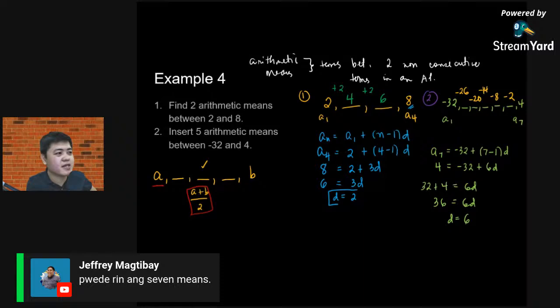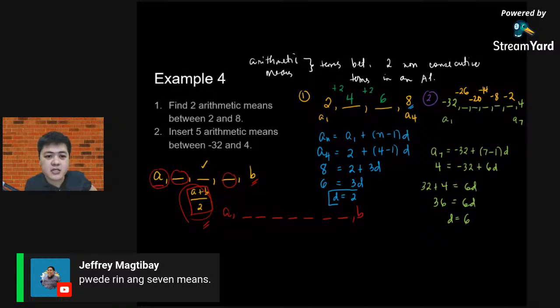So to get this, get the average of A, at saka kung ano yung makuha mo dito. And then to get this naman, kunin mo yung average nito, tsaka ito. Sabi ni Sir Jeff, kung 7 means daw, let's see kung 7 means A, and then 1, 2, 3, 4, 5, 6, 7, tapos B. Pag kinuha natin yung average ng A at B, ang makukuha natin ay ito.